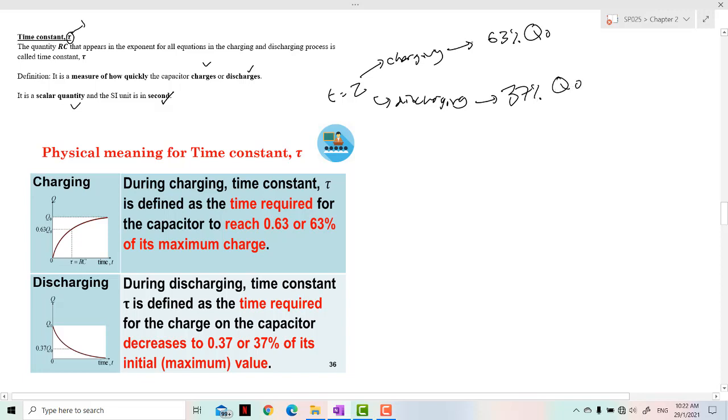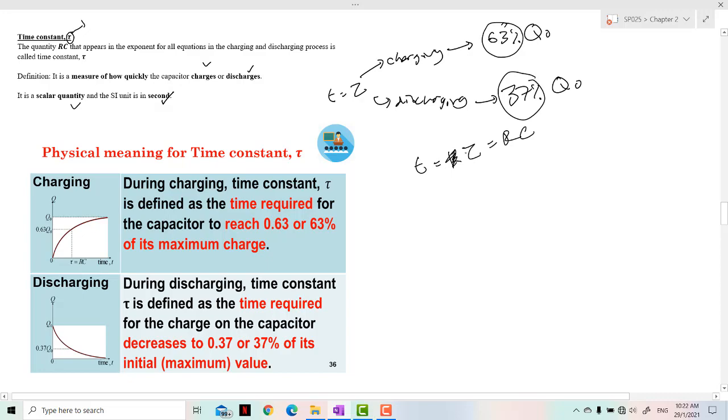But where do the 63% and 37% come from? The 63% and 37% actually come from when t equals tau, which is equal to RC.